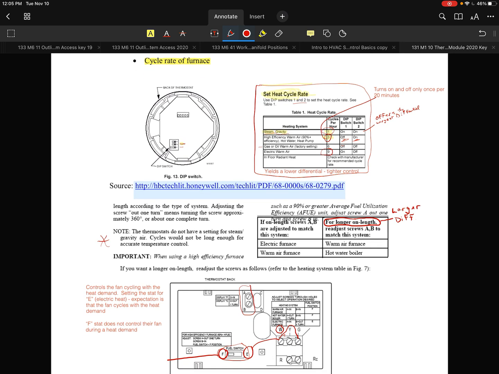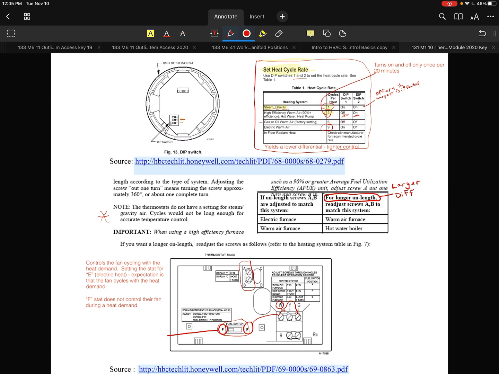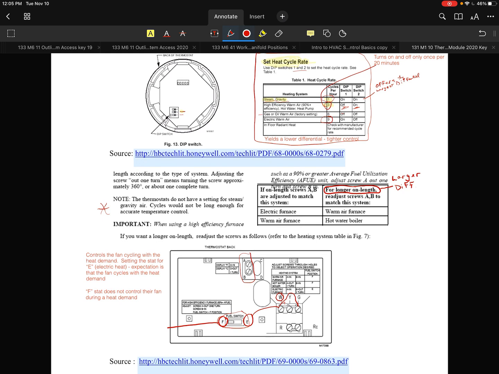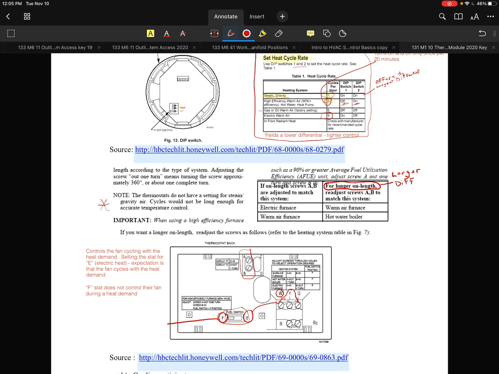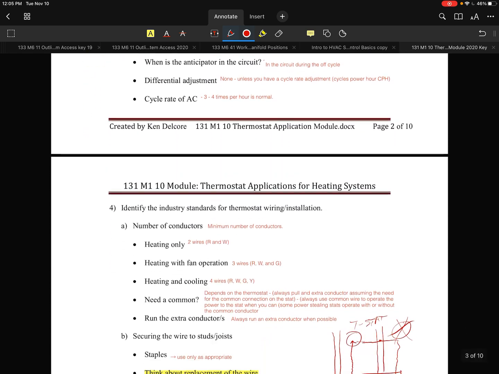Lecture 2 talked about the cycle rate adjustments and how that is now set up, either by dip switches, by programming, or by screw placement.